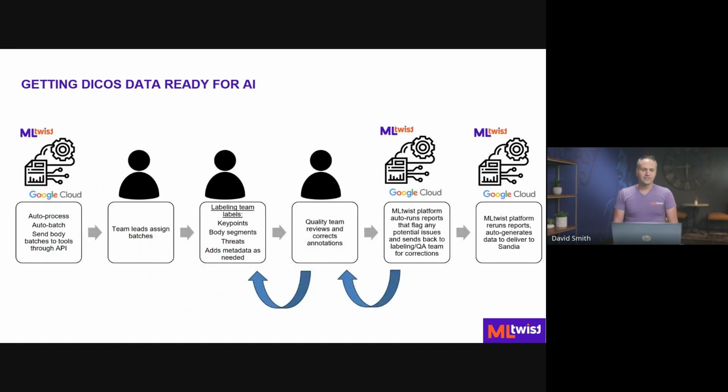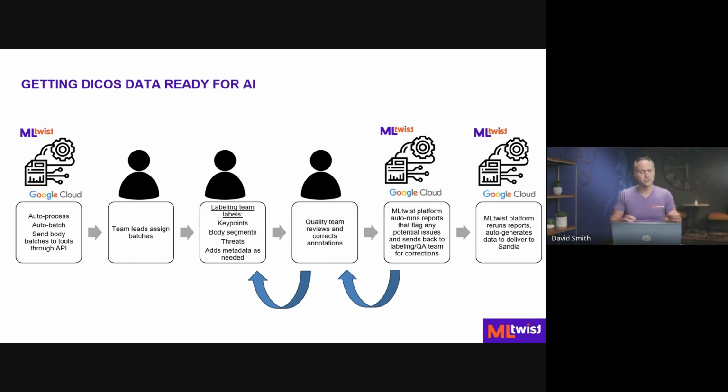So I'll end with this. Getting data ready for DICOS, you have auto processing, auto batching, sending data through. You have human in the loop. All the things that those people do. It is a tough job. It is a job that you really want to set those people up for success as best as you can. You want to give them the right tools, the right reporting, the right automation.